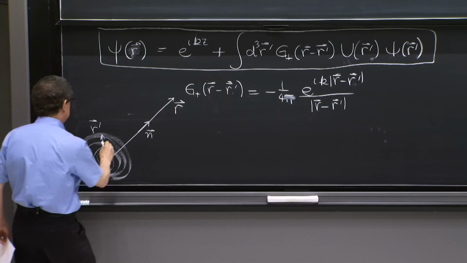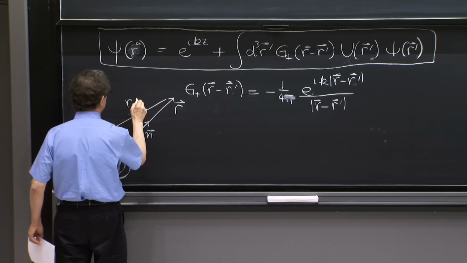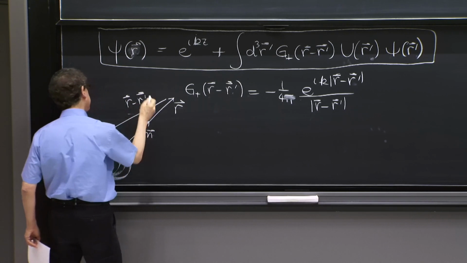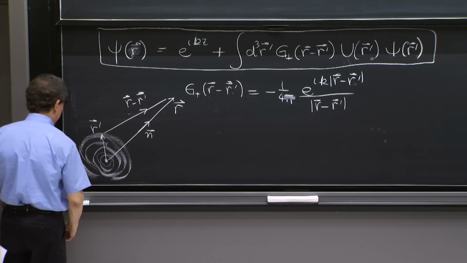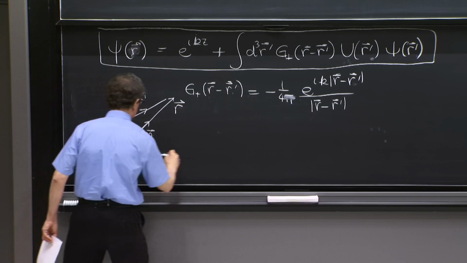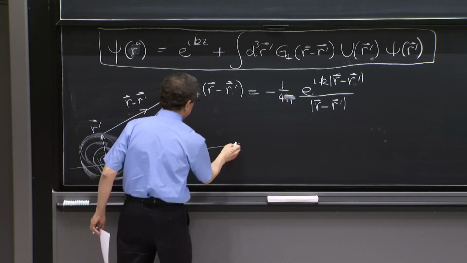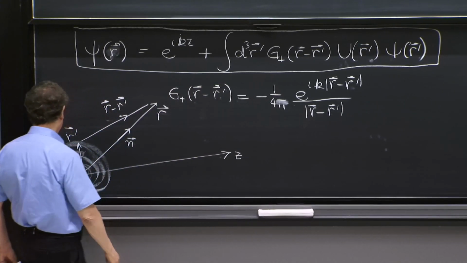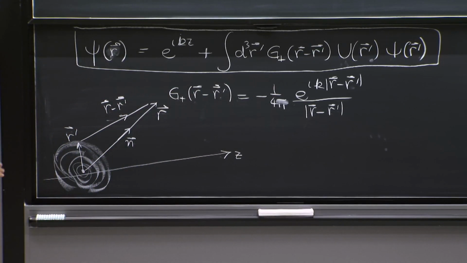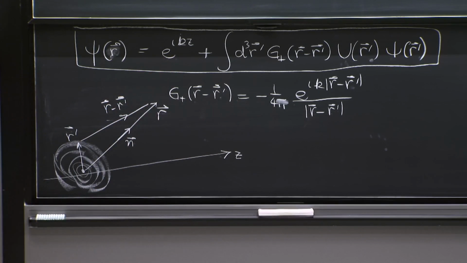And there is this distance, this vector, in between, r minus r prime. And finally, on this graph, we could also have a direction that we could call the incident direction, perhaps the z direction. And that's the direction in which your wave is incident. This is the wave that we represented here.